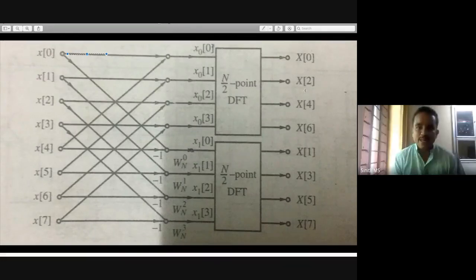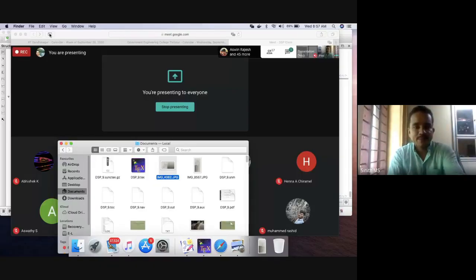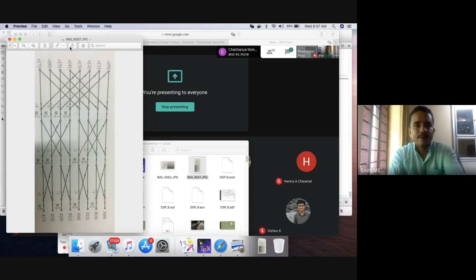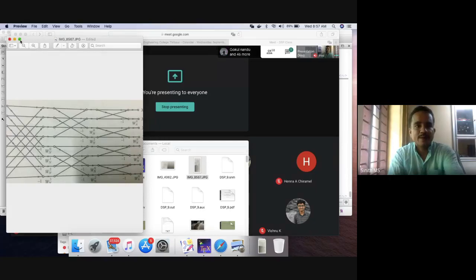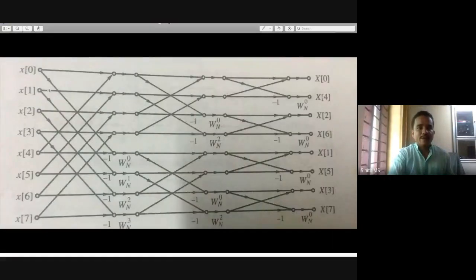Now, if you continue this again, exactly as in the case of DIT, you will again get second and third forms like this. This is how you are going to get it. The first portion is basically what we have seen, and here you have n by 2 point DFTs, and this can be again split into n by 2 point DFTs.